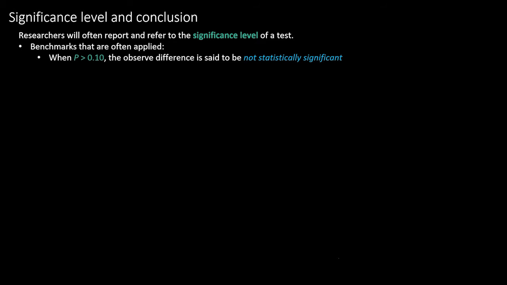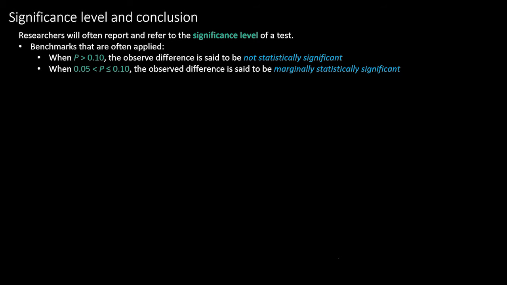Researchers will often refer to the significance level of a test, although it is not ideal to draw too firm of a line for significance, but we do have some benchmarks that are globally used. These benchmarks are: when the p-value is greater than 0.1, the observed difference is said to be not statistically significant.